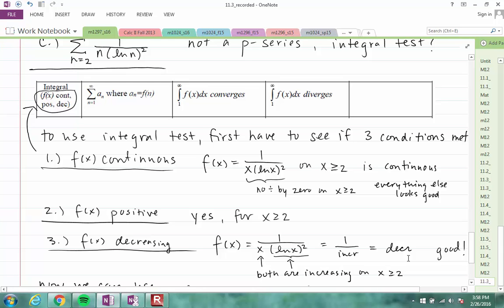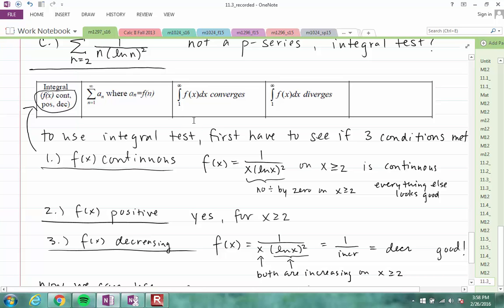I didn't show that in detail, and for the purposes of using the integral test, you wouldn't necessarily have to show each of these things; giving some verification that you check these things is good enough. But like I said, writing it down and actually checking is important, because if these things do not apply, you cannot use the integral test, and it would be incorrect to do so.